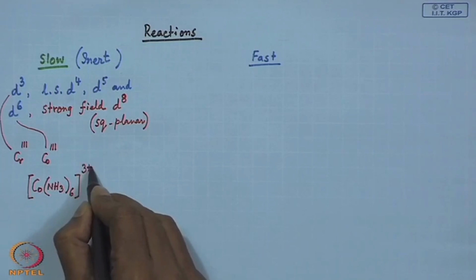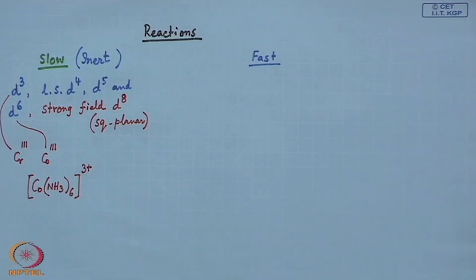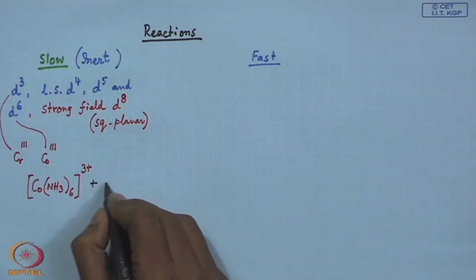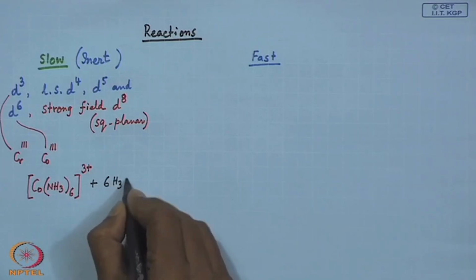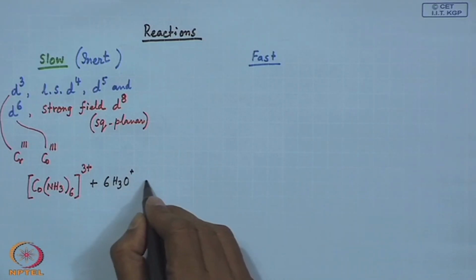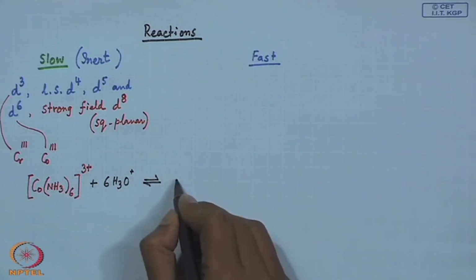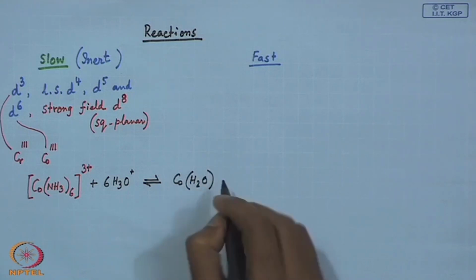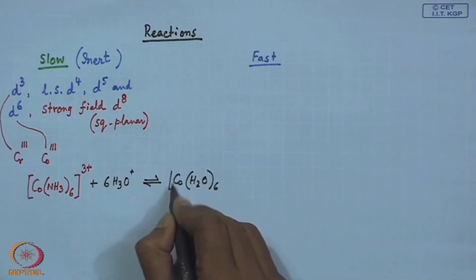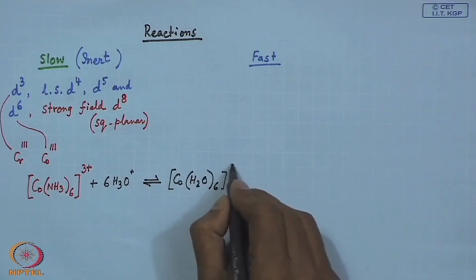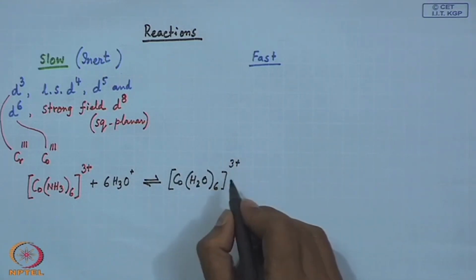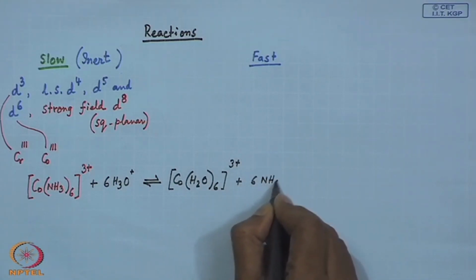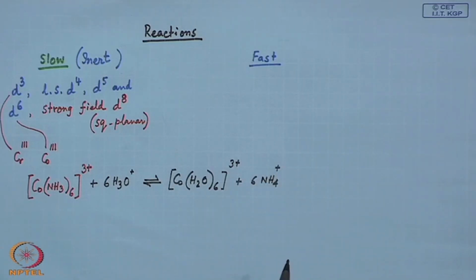which is substitutionally inert. When this compound reacts with acids, say protons, it gives rise to the substitution of all the ammonia ligands by water molecules to give us the corresponding hexaaqua cobalt 3 compound and 6 ammonium ions after protonation.